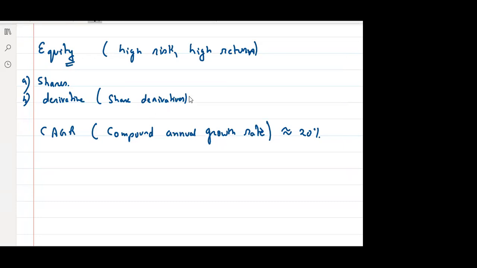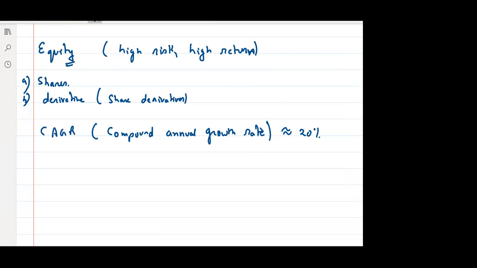Everyone, just see this example. I will take the example of Ticker Tape only. My question is, do you think that every company will give equal return every year? Think about it. No, sir.